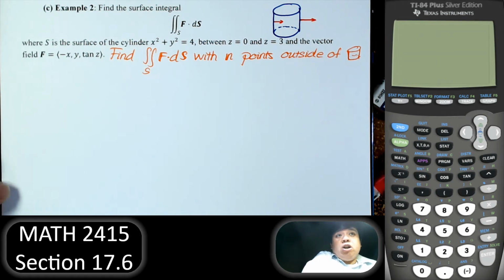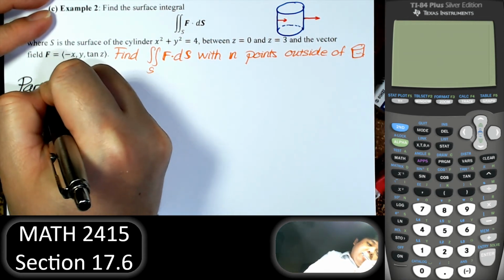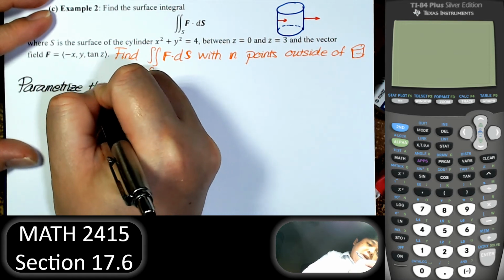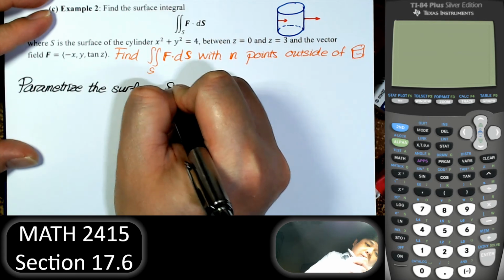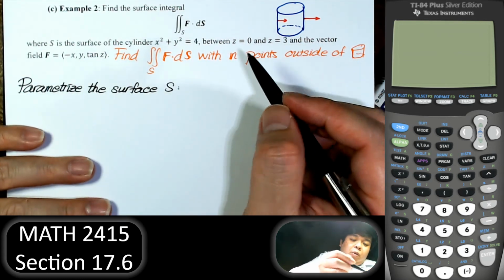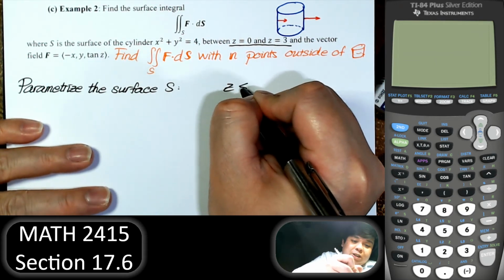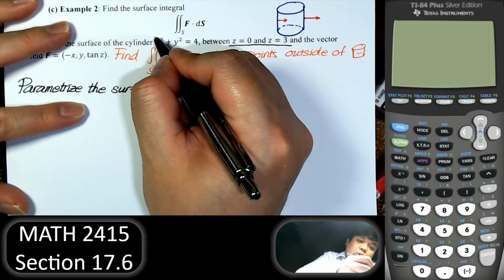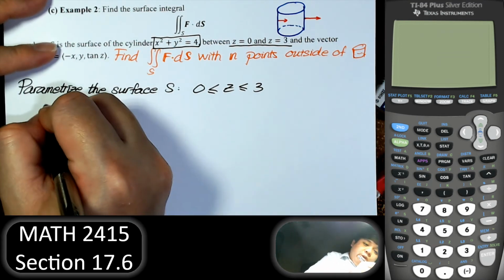Right, so the first thing as always, for most of the problems here, we parameterize the surface. We know z is between 0 and 3, so that one is done. One parameter is 0 to 3. The other parameter will come from the cylinder itself, x squared plus y squared equal to 4.